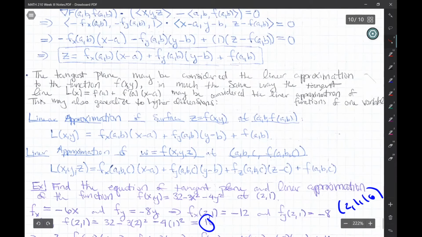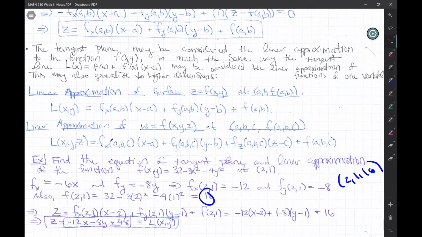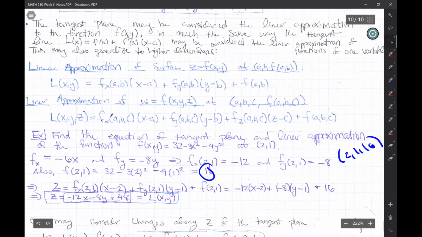Z is equal to what you see here, and using that formula that we have above, we have this equation here, which plugging values in, so 16 for this, for example, f_y(2, 1) is minus 8, which we found here, and simplifying, we have that z is equal to this.